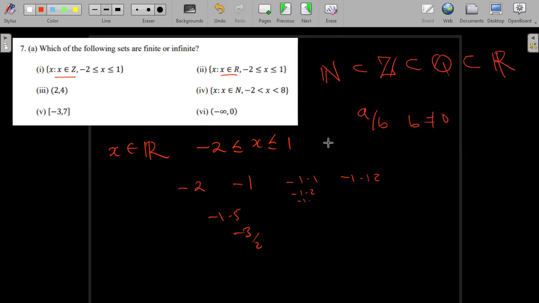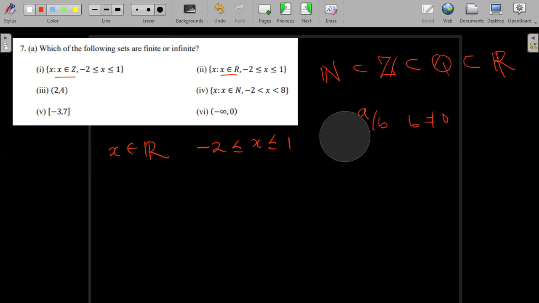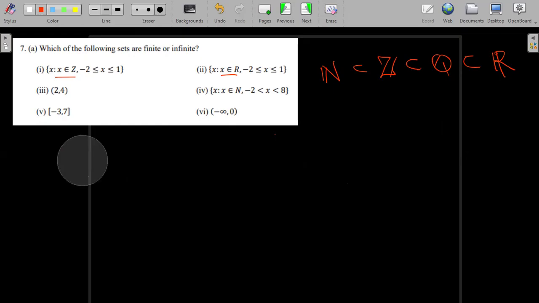There can be a lot of numbers between -2 and -1, so our set is not finite. Instead, it's an infinite set. We cannot even list the numbers because there are so many of them. So for number 2, we conclude that it's an infinite set because I can't count the real numbers that are there.